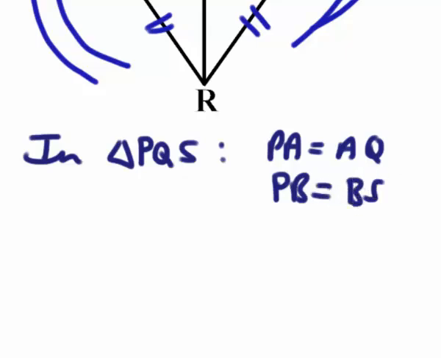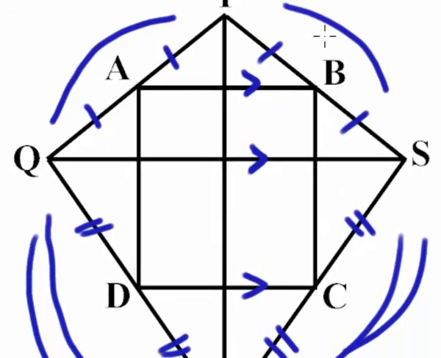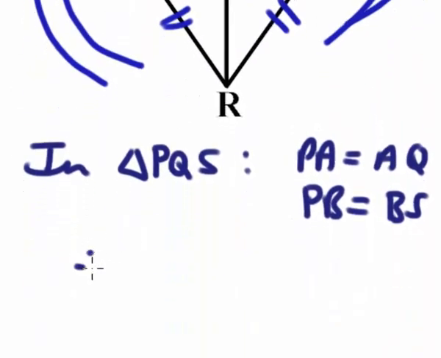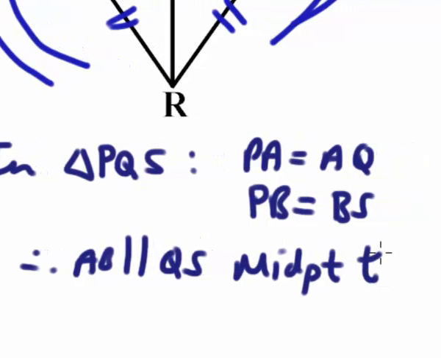Let's look at that in the diagram. In the top triangle PQS there, we've got PA is AQ and PB is BS. And therefore we can say that AB is parallel to QS, so therefore AB is parallel to QS from the midpoint theorem.